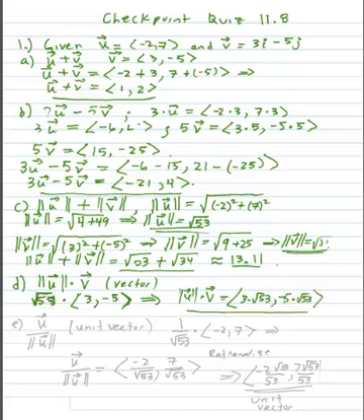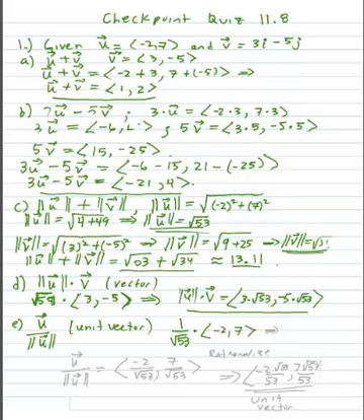And in part E, we want to find the vector u divided by the magnitude of u. This happens to be a unit vector. Now remember, a unit vector will have length equal to 1. The magnitude of u is the square root of 53. Take 1 over the square root of 53 and multiply that by the vector u, -2, 7.